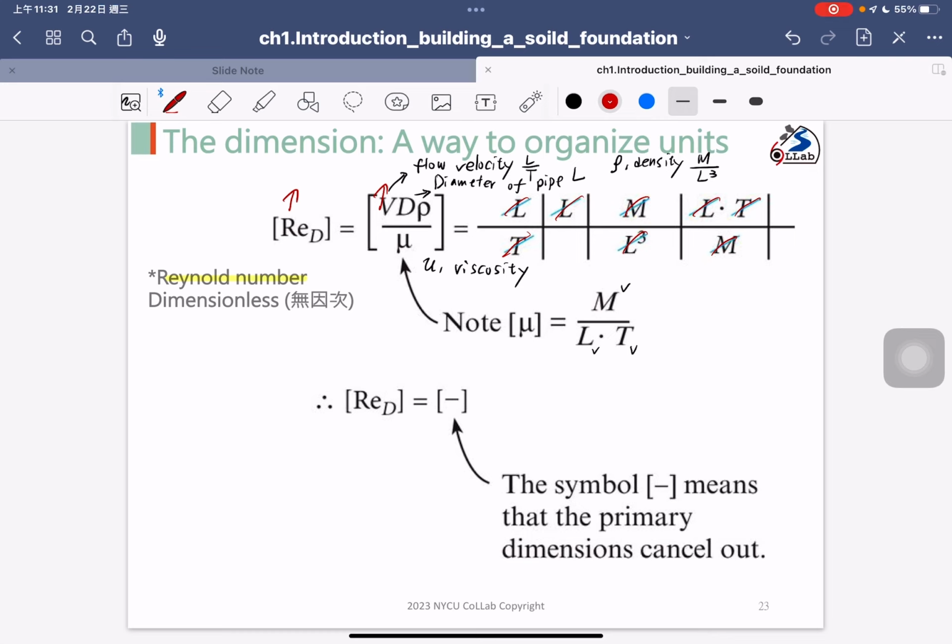In the future, I will teach you the exact definition of the Reynolds number and how we can apply it to real cases. Okay, so this slide just emphasizes that some parameters have no dimension, so you don't need to do any conversion, because you don't need to consider their units.